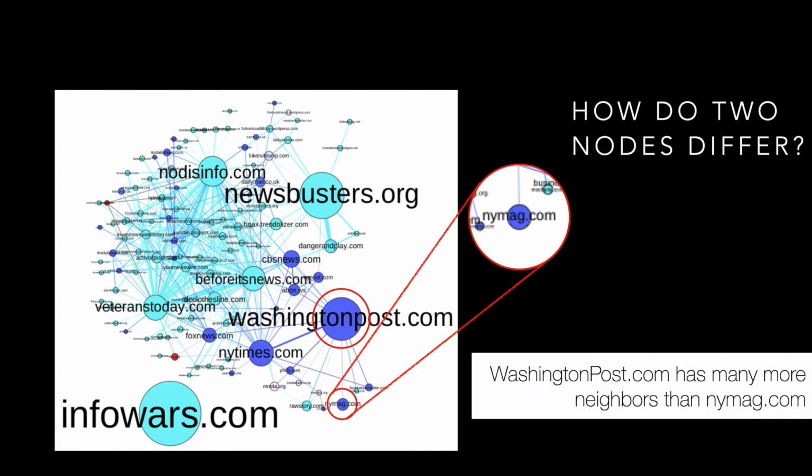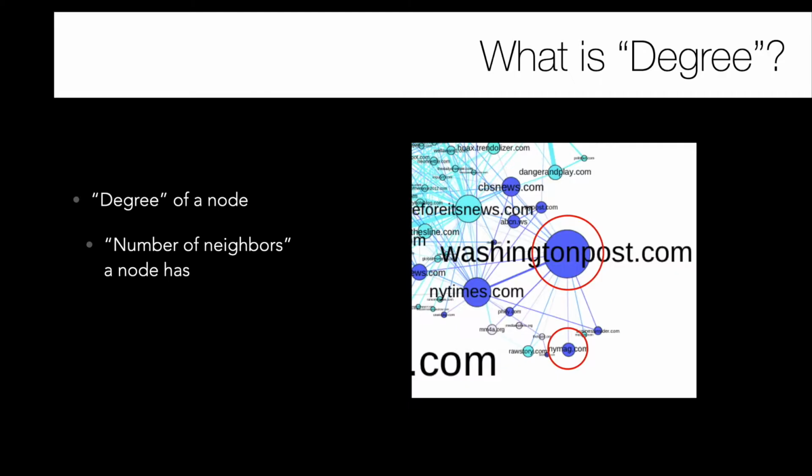So the Washington Post has many neighbors, such as Fox News, New York Times, Raw Story, and others.